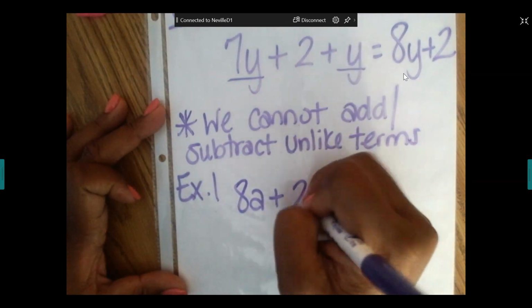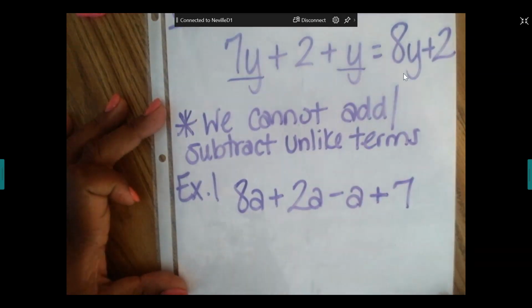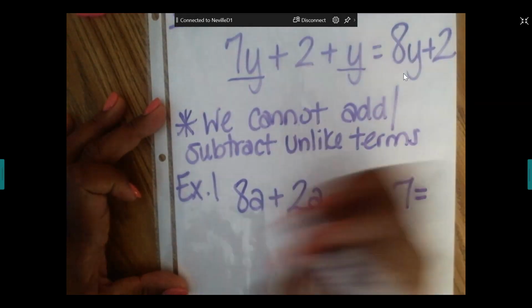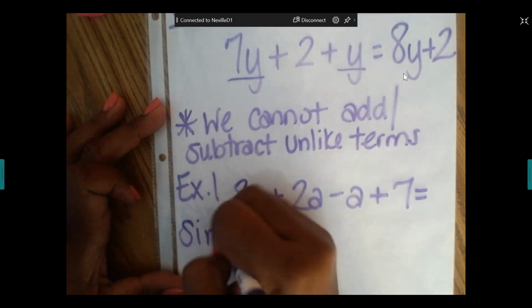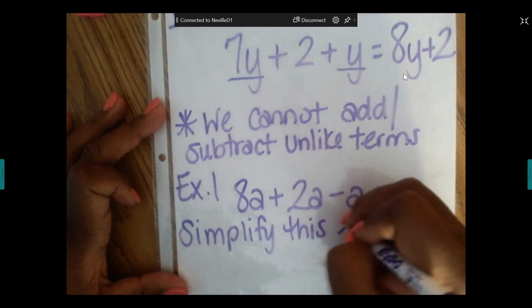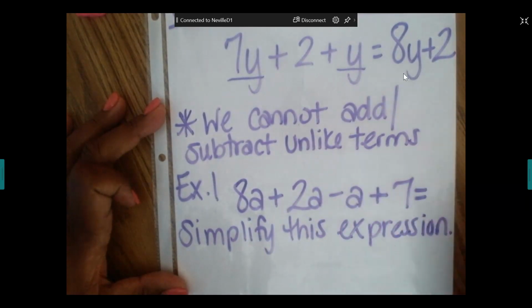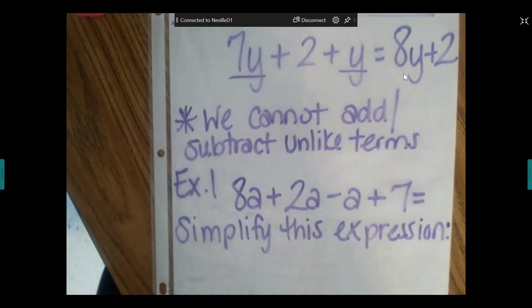Example 1. 8a plus 2a minus a plus 7. How would I simplify this expression? Those are the directions that you'll usually see. How do I simplify this expression?